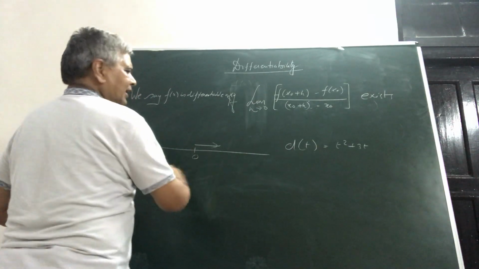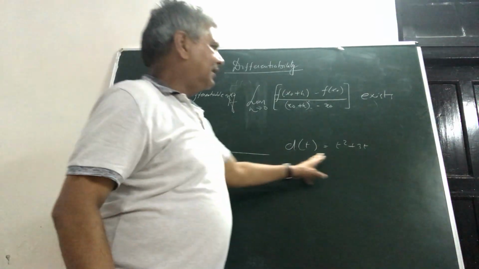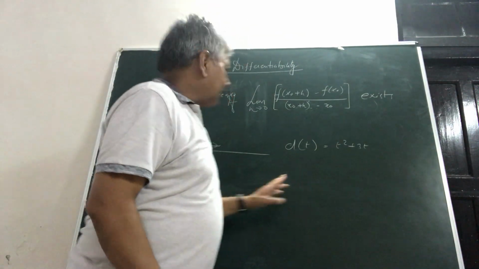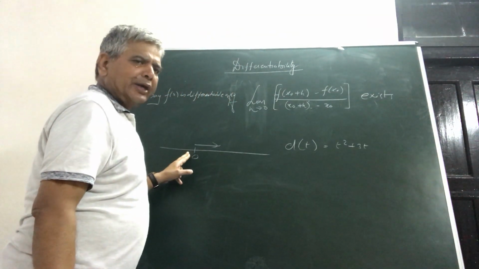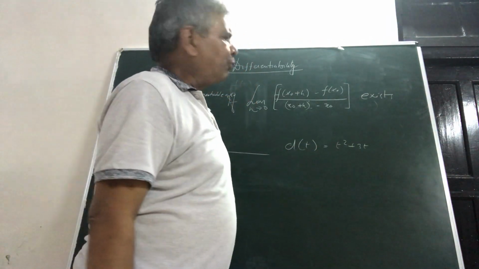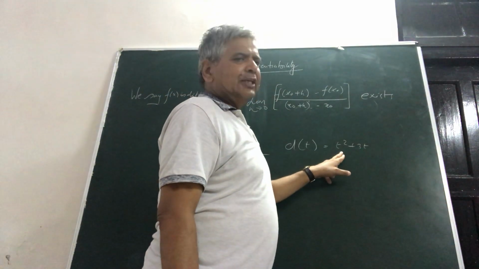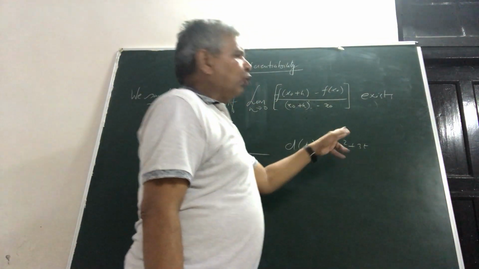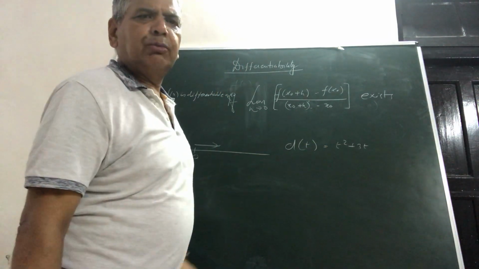A particle is moving like this, and this is the function through which I am describing the distance of the point, measured from a reference point, the origin. If somebody asks me where the point would be at 1 second, in place of t I put 1. So 1 plus 3 into 1, so 4. It will be 4 centimeters away from the origin.